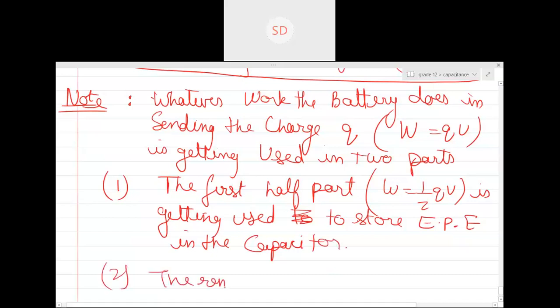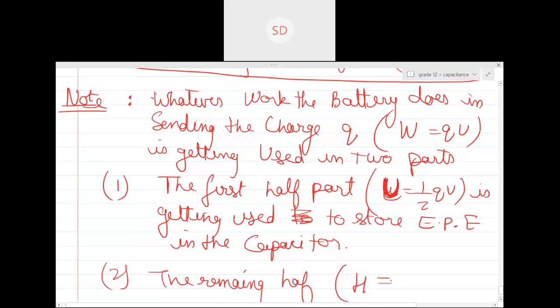The remaining half, shall I name it as U? Because the first half part was half QV, right?